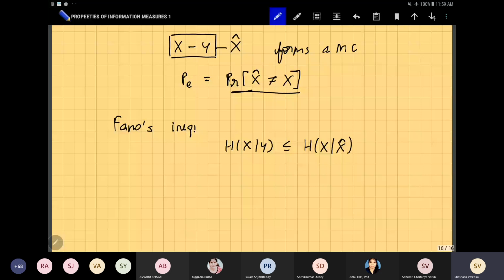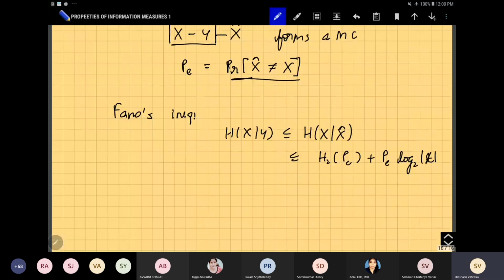This is less than or equal to the binary entropy of the probability of error plus PE log cardinality of x.